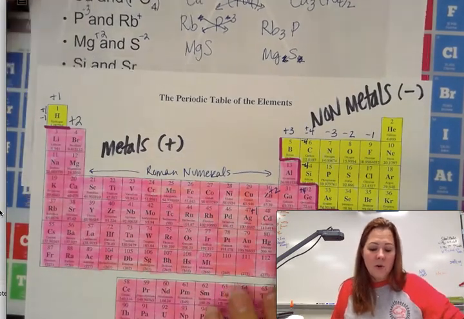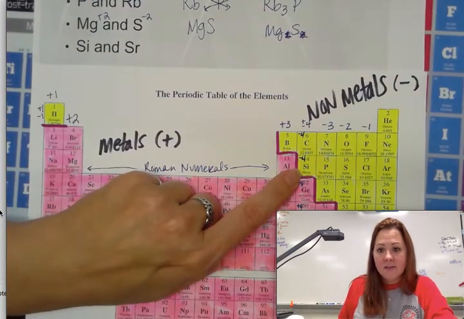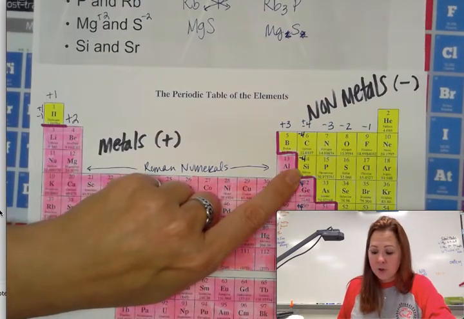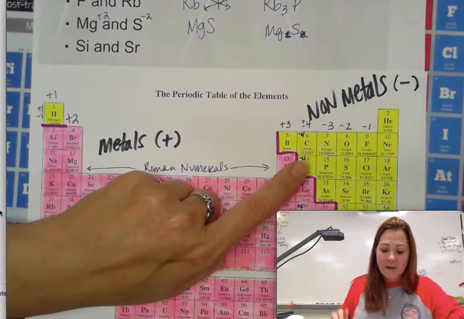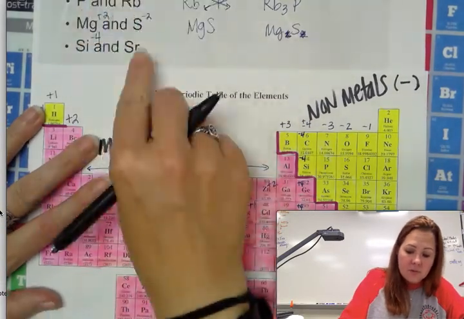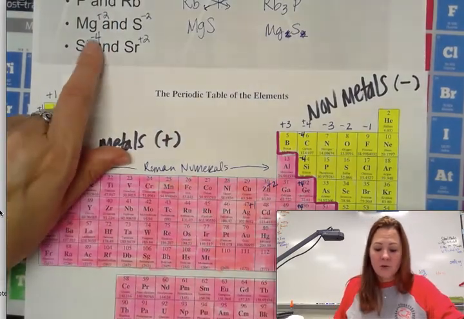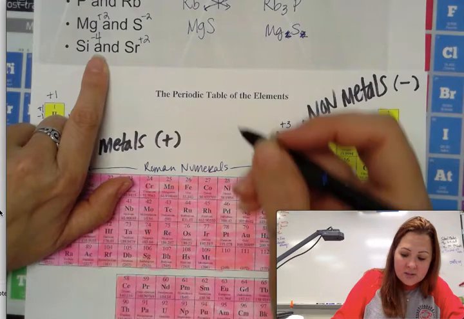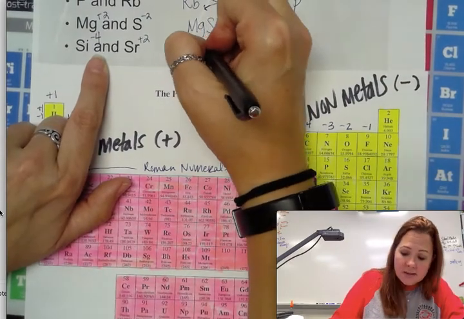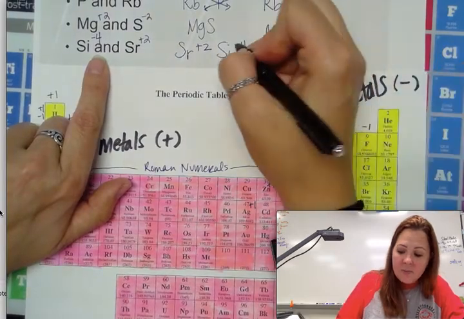And then this one, you have Si. Si is right here. Silicon has a -4 charge. It's a non-metal, so it's -4. Strontium is +2. Again, we're going to have to flip these to make sure they're written the right way. So Sr +2, Si -4. When I go to swap and drop, the plus and the minus disappear.